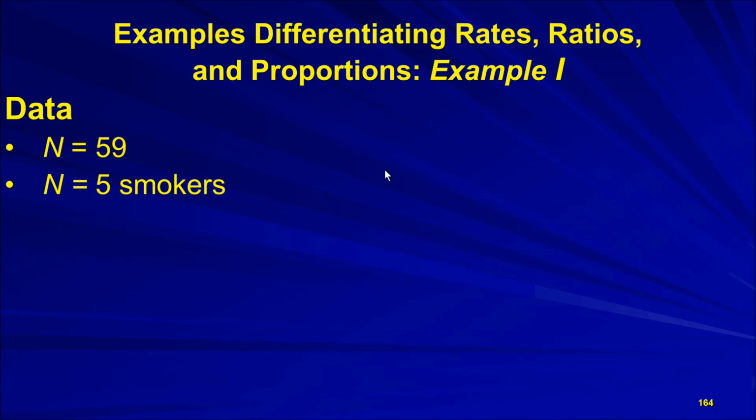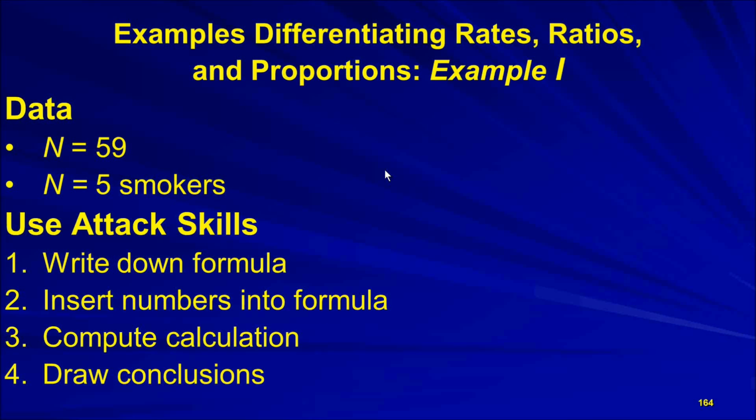Example 1. Now let's pretend we have 59 people, 5 of which are smokers. Now, I think these attack skills are very important, and I think people have trouble if they don't follow them precisely. And I know they seem a little simplistic perhaps, but if you have a certain style and approach, you do much better.